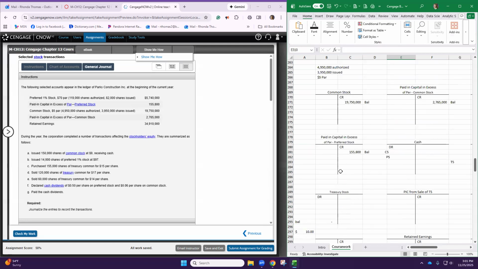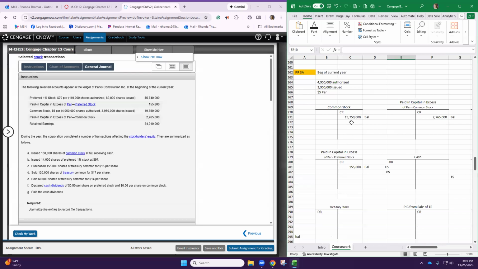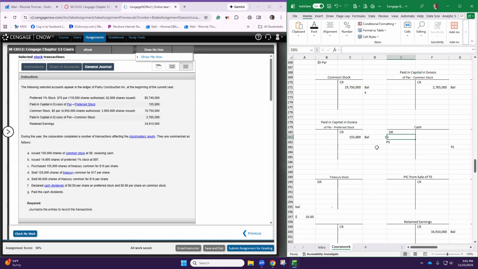Now let's do the entry for this. So this is going to be A, and we're going to get cash and common stock.